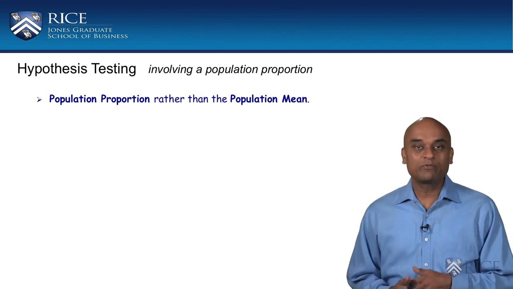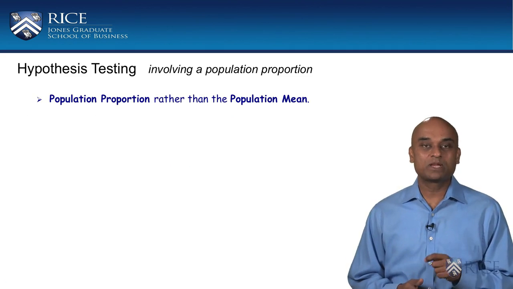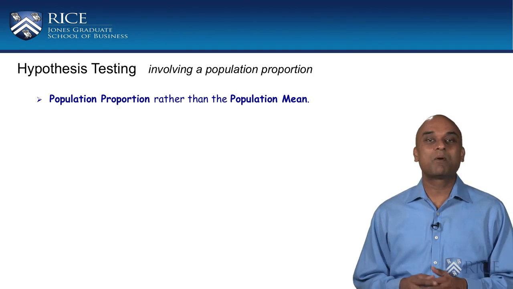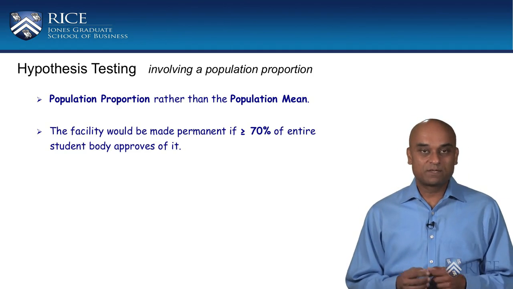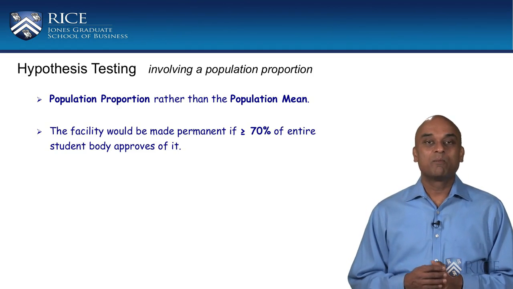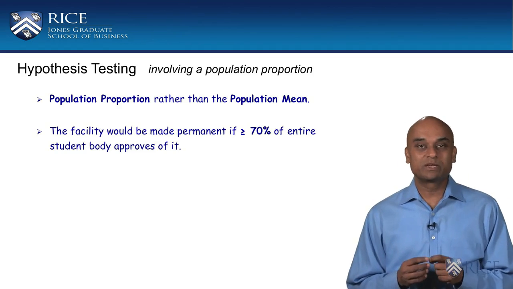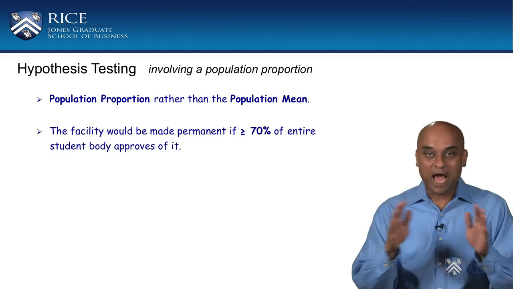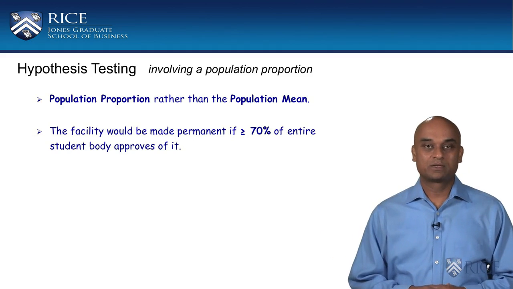Here, the quantity of interest is the population proportion rather than the population mean. Specifically, the university would continue with the facility if more than or equal to 70% of its entire student body approves of it.